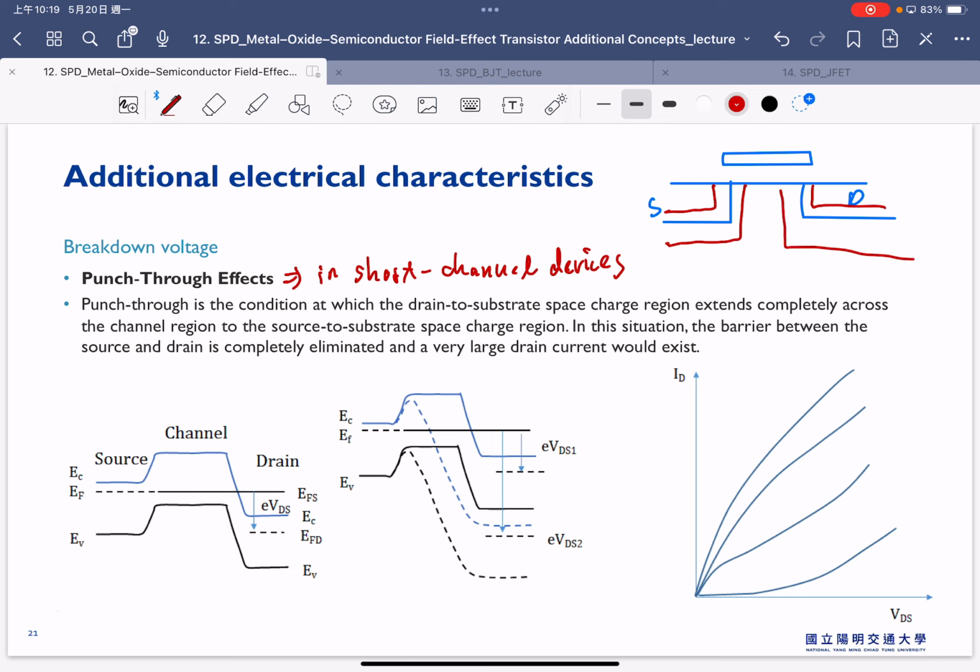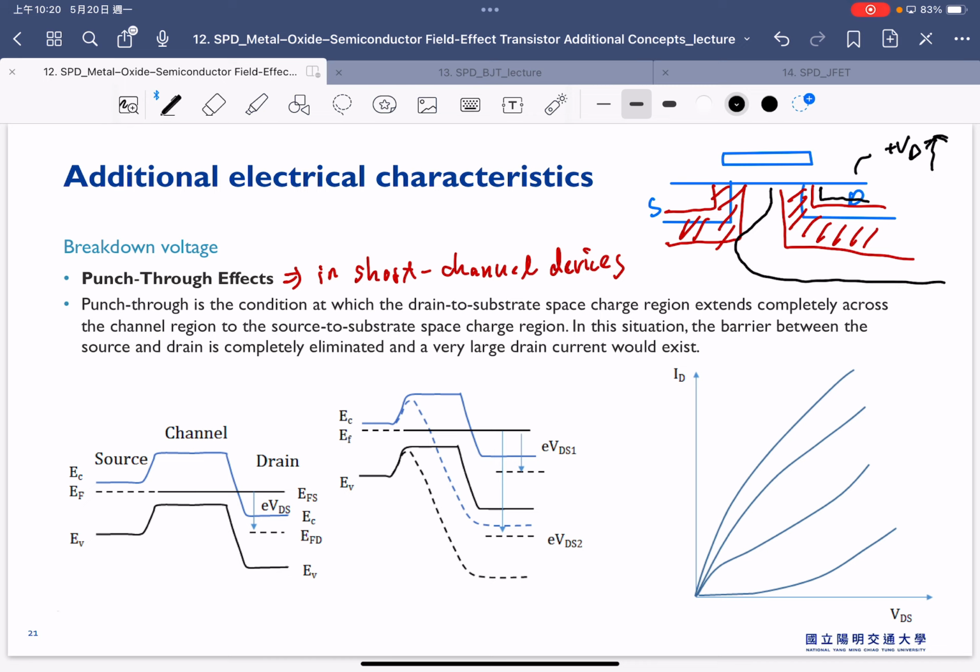So this is our depletion region. And right now, if we apply a VD which is large enough, the depletion region will further extend. It will become like this.